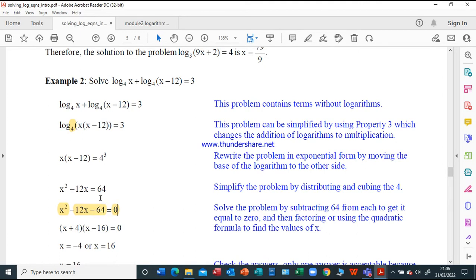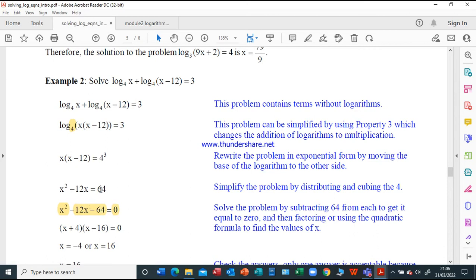When you're factorizing, we are looking for two numbers such that when you multiply them you get negative 64 as the product, and the sum must be negative 12. That means one must be positive, one must be negative, with the negative one being bigger.